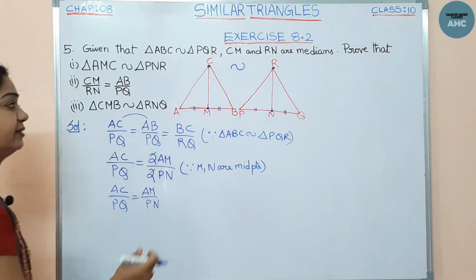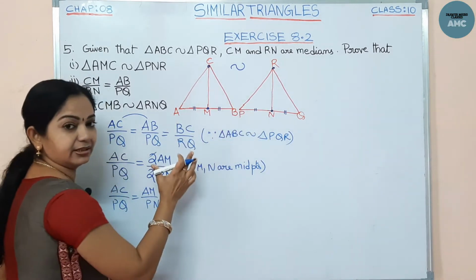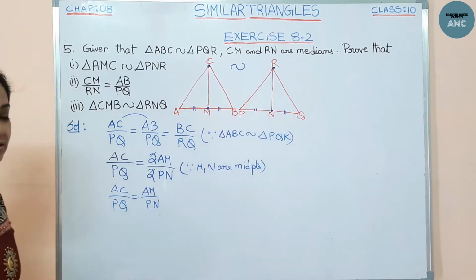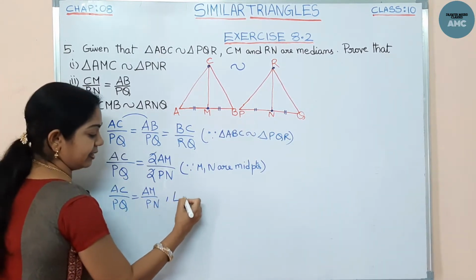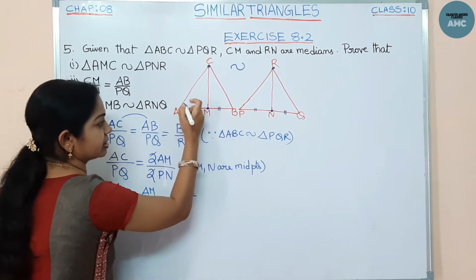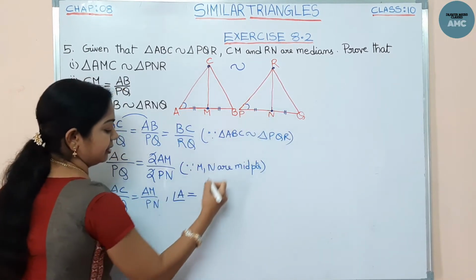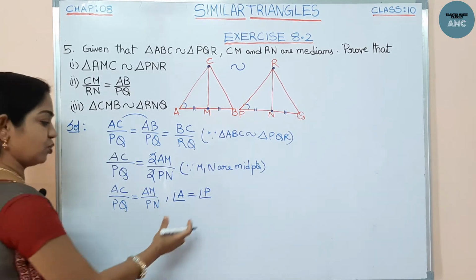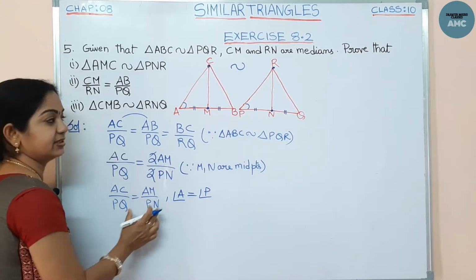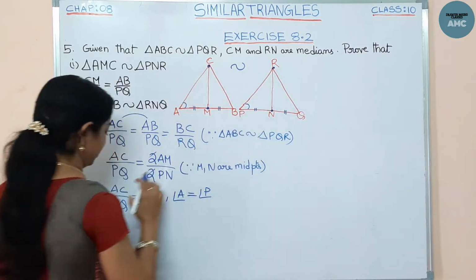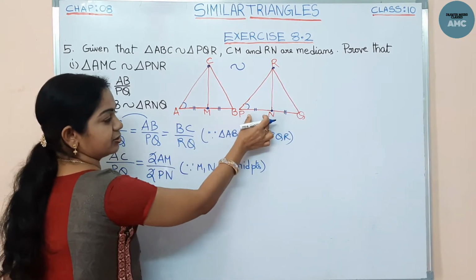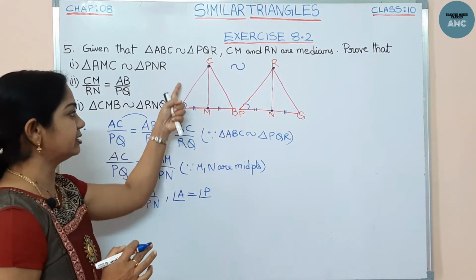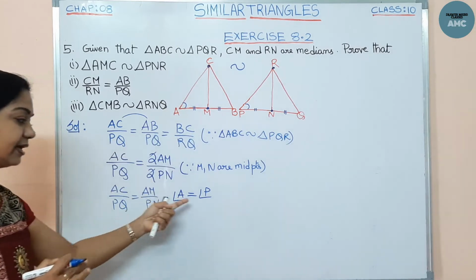Also, we know that since these bigger triangles are similar, I can equate the corresponding angles also. So angle A is equal to the corresponding angle, angle P. This is also given because it is given that they are similar. So, one angle and two sides, AC by PQ and AM by PN: two sides and one included angle. The angle is included in these two sides, so the included angle is equal.